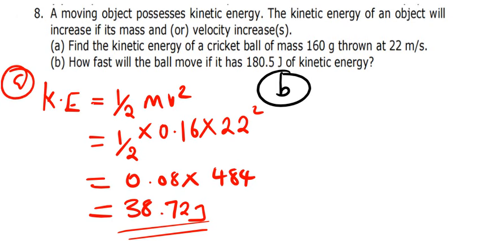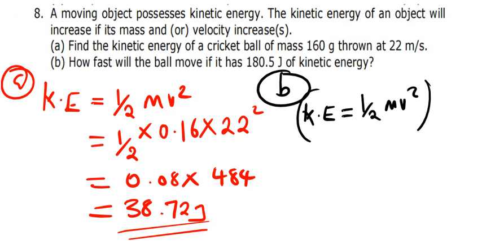So what are we going to do? Kinetic energy is equal to half mv squared. If I make v squared the subject of the formula, let me first multiply the whole equation by 2.